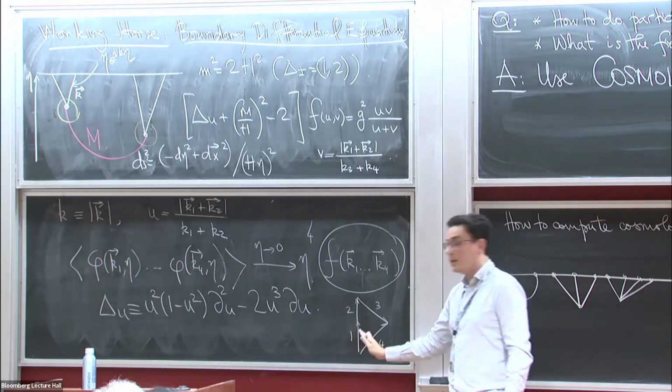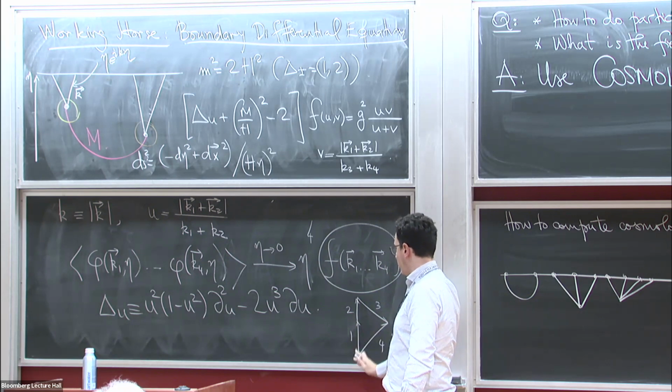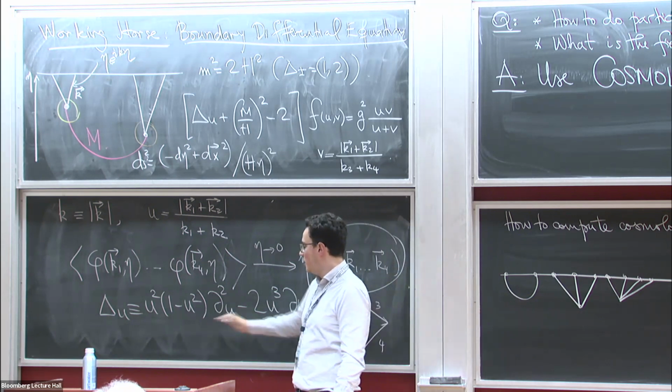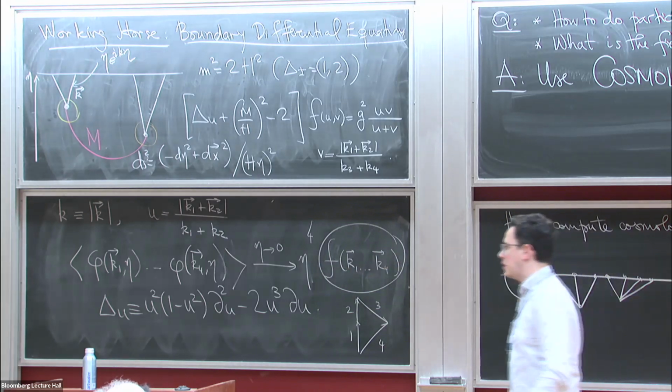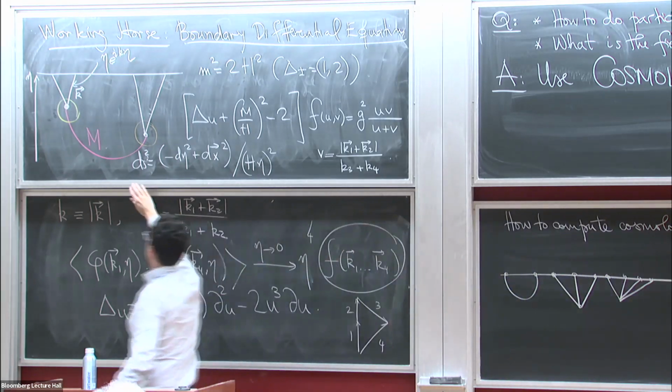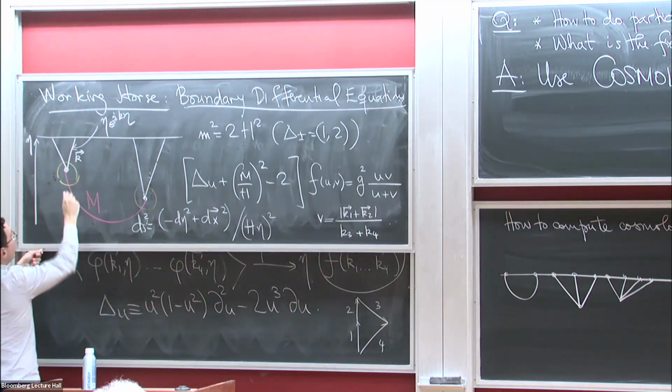And nothing should happen here, okay? So this is demanding that the solution is regular as you move around this kinematics. That is one boundary condition. And the other boundary condition: you go outside of the physical sheet, you send the sum of these energies to 0.